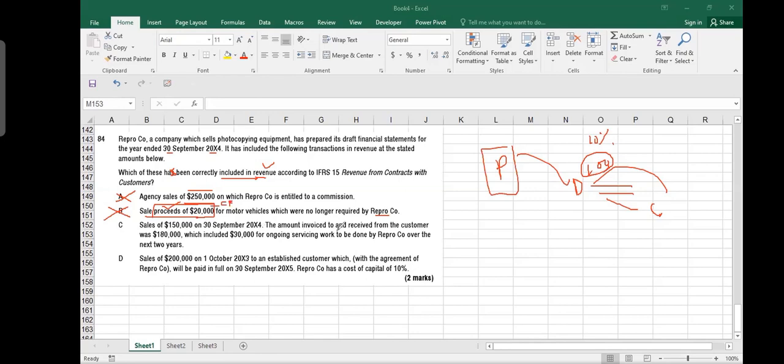C, sales of 150,000 on 30th September. The amount invoiced to and received from the customer was 180, which included 30,000 for ongoing servicing work to be done by Repro company over the next 2 years.